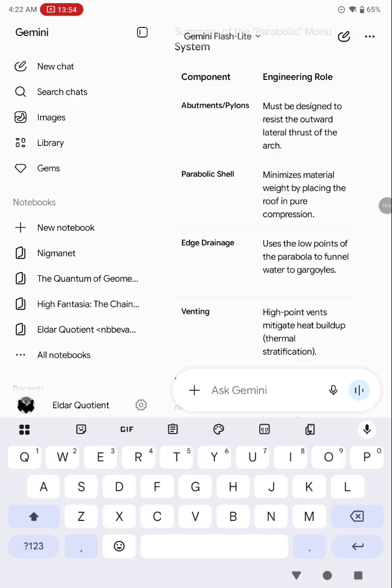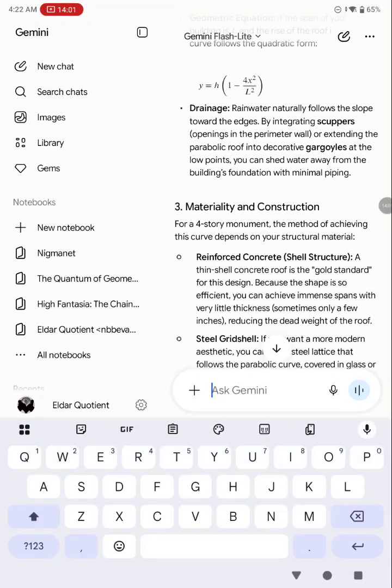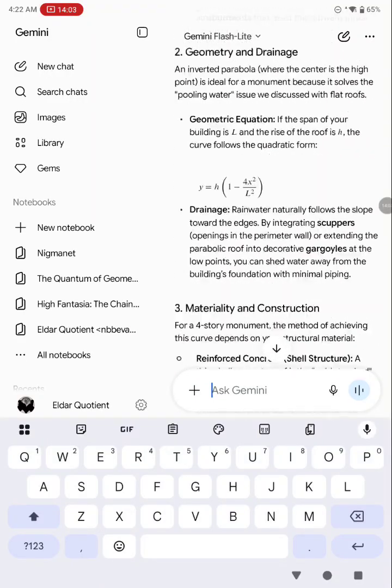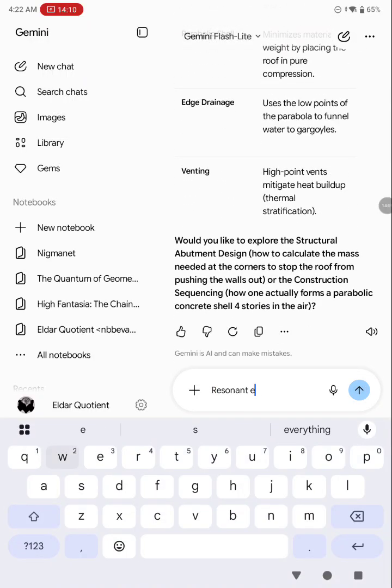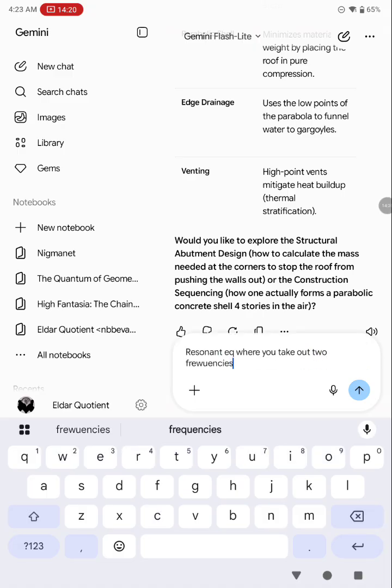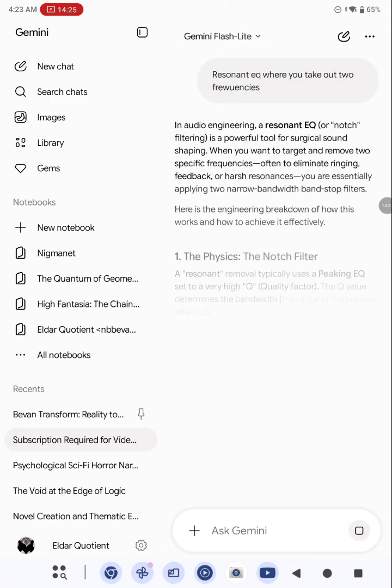And then wanting to get out those, what are those things called? Something where you take out 2 frequencies. You have to delete the 2 frequencies. I can't remember. Resonant EQ, where you take out 2 frequencies.